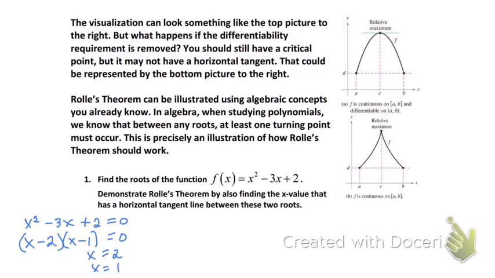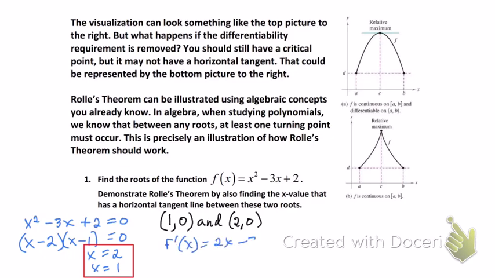So now what do we do? Now I've got to get the derivative. 2x minus. Okay, so there's my 2 points. And I'm going to get the derivative. Check my math. Good. All right, so now I'm going to solve that derivative for x.